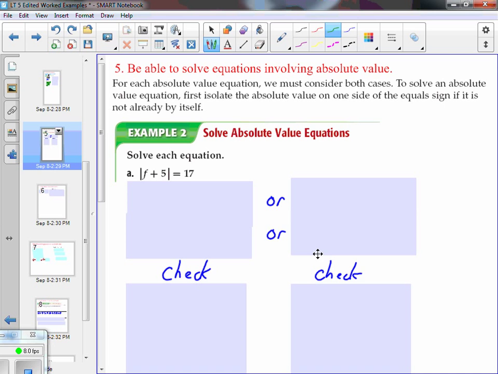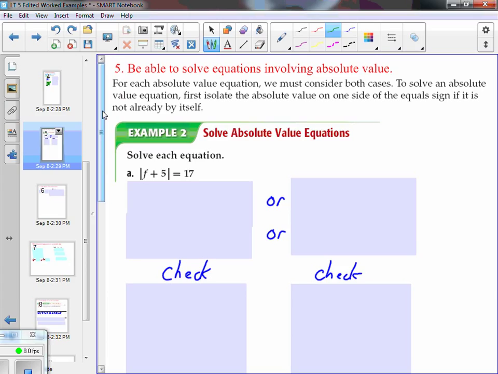A few more examples. Now we're going to start solving, which is our learning target. For each absolute value equation, we must consider both cases. To solve an absolute value equation, first isolate the absolute value sign on one side of the equal sign if it is not already by itself.